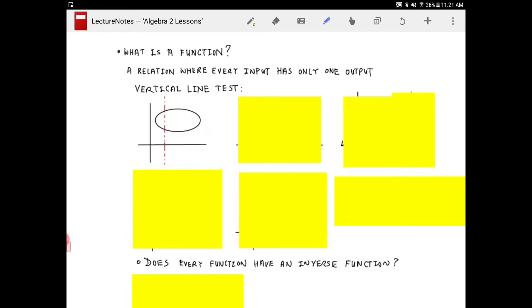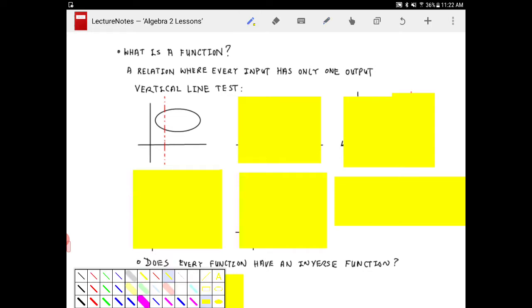As it turns out, if we base the definition of function on the vertical line test, or that one input has only one output, then this ellipse in the previous drawing from before would fail. So this is not a function.